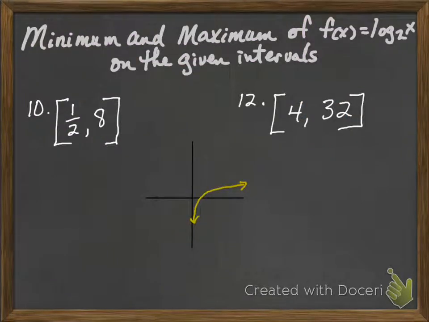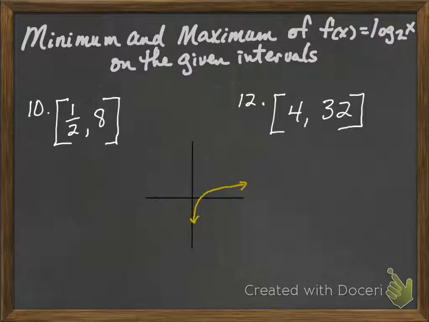Okay, next section says find the minimum and maximum of f of x equals log base 2 of x on the given intervals. There's kind of a sketch of what that graph looks like, and we've got the first interval is 1/2 to 8.